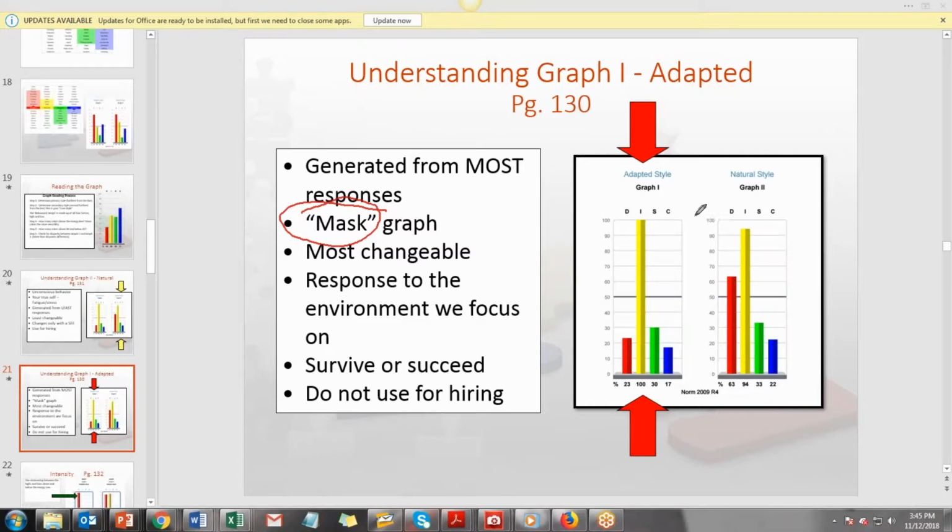And sometimes your mask or the adaptive behavior is intentional, where you're trying to be somebody you're not, or you're just naturally adapting to whatever the environment at work is.